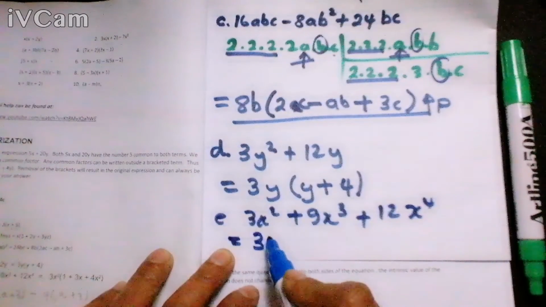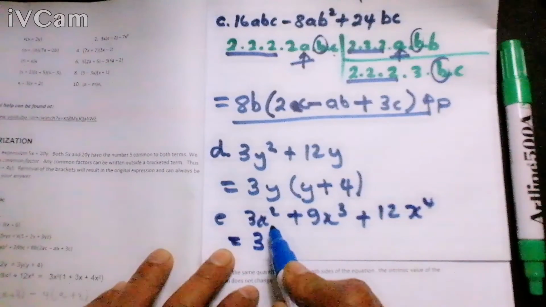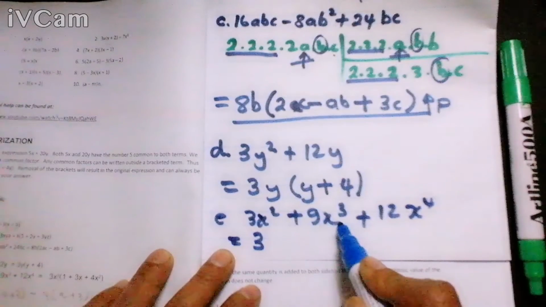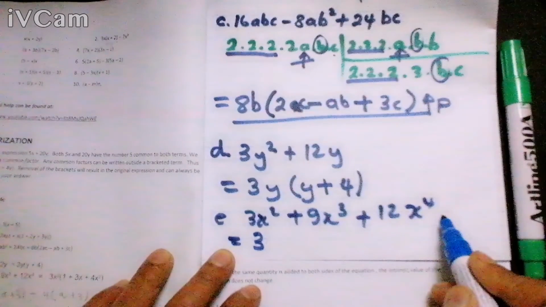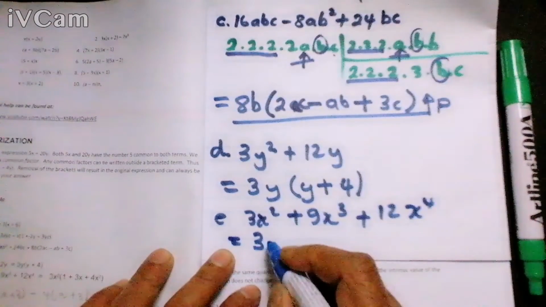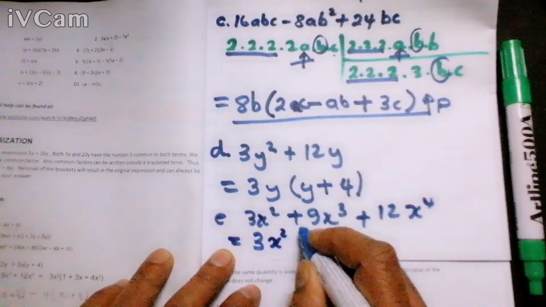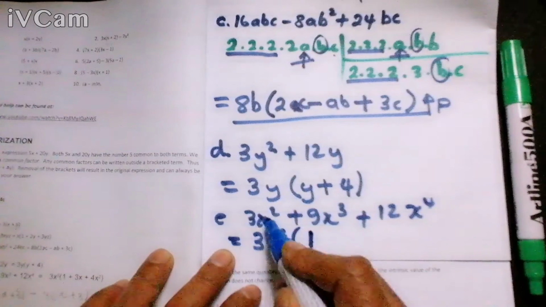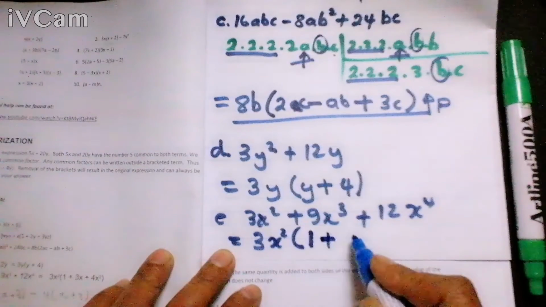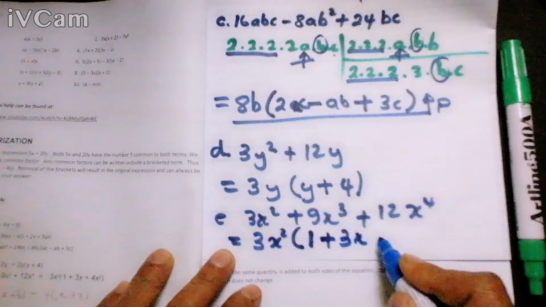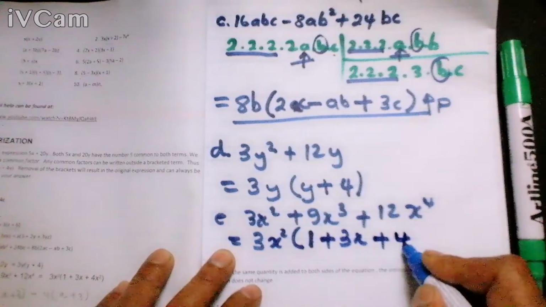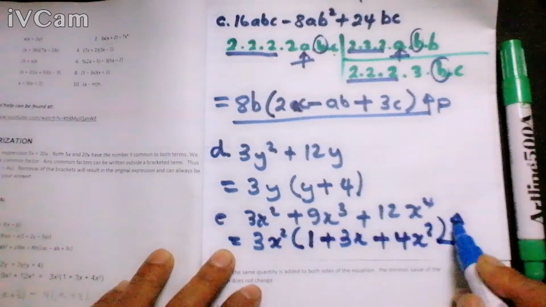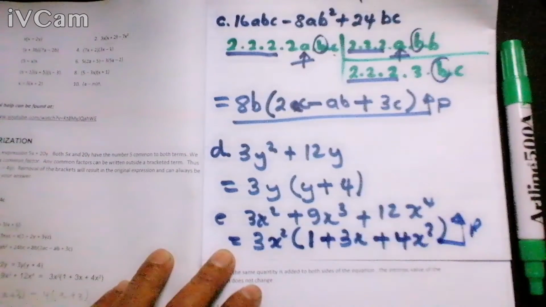It's going to be 3, and the variable that's going to be common is going to be x squared, because x cubed is x squared times x, and x to the power 4 is x squared times x squared. So that's going to be x squared, and I'll be left with 1, because if you take out all of this, 3 times 1 will give you that, plus 3x plus 4x squared, and if you multiply that using products, you should get your question.